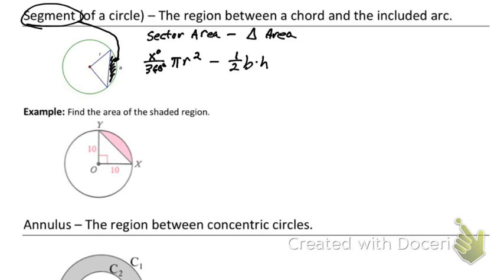So we need sector minus triangle. It has to be in that order. You can't do triangle minus sector because your sector is your big minus your small. So let's do our area of our sector first. So sector, what am I right after that area? I have area equals what?